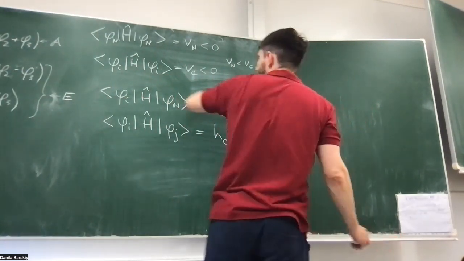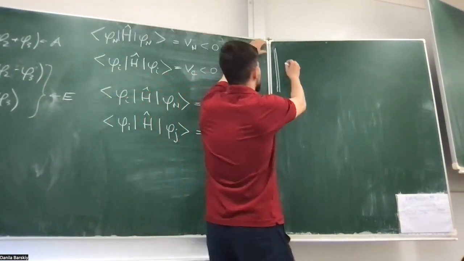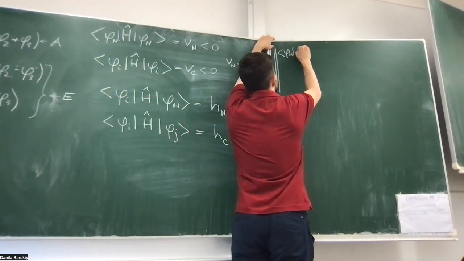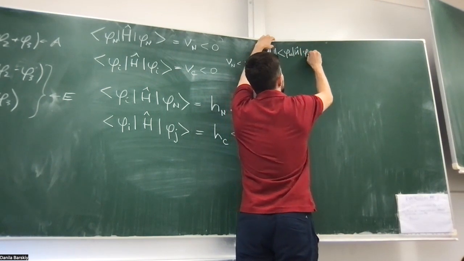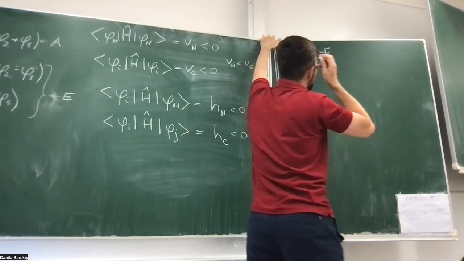But now two of them have the same symmetry, so we need to consider their interaction. So the determinant should look originally, let's say, nitrogen minus E on the diagonal.